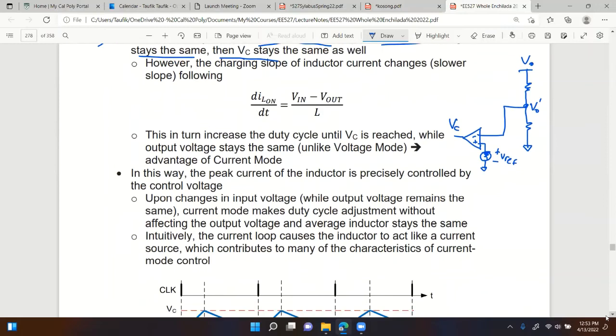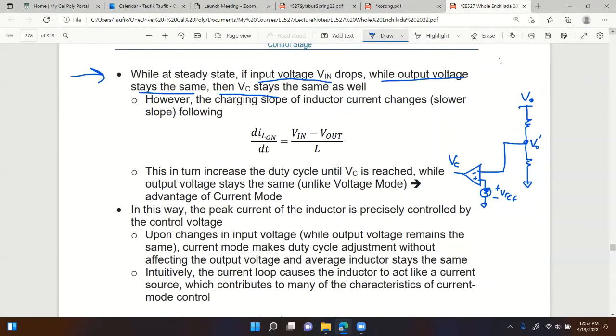Why is that? What I'm trying to say here is that if there is a change in the input voltage, in this case it drops, we want the duty cycle to increase for a buck converter. Duty cycle is equal to V out over V in for a buck converter.